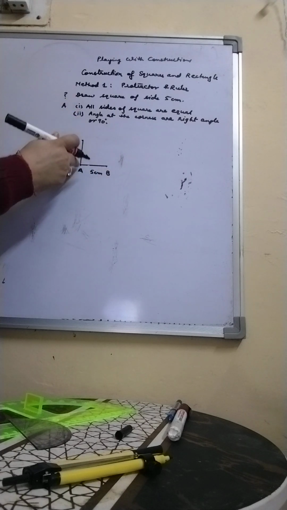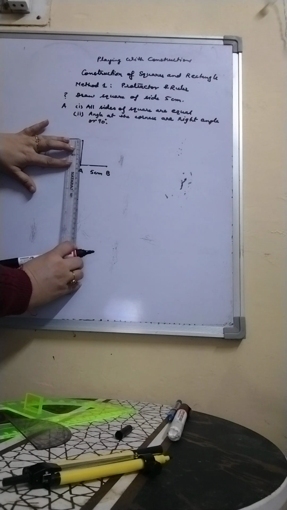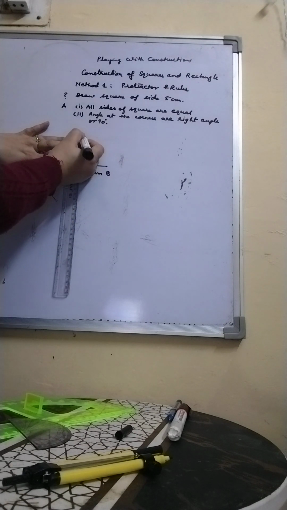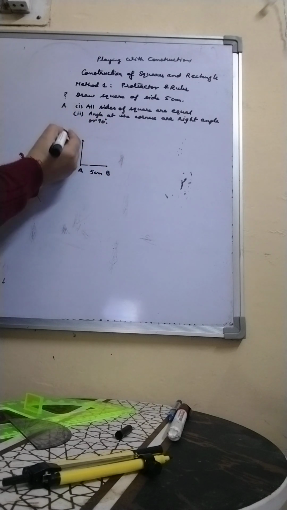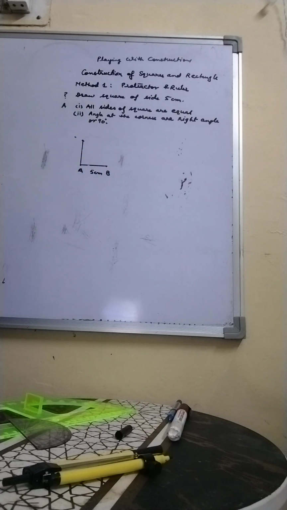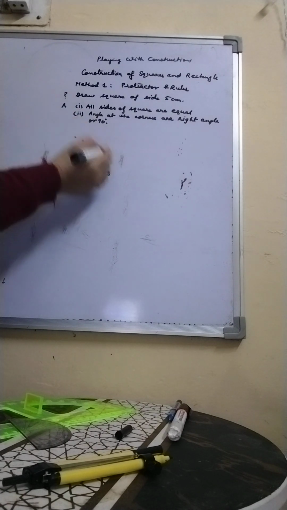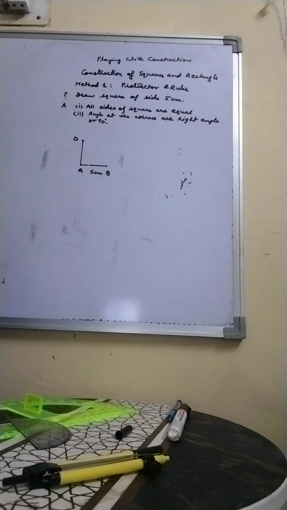So this side of the square should also be 5 centimeter. So I will make the dot at 5 centimeter. So this is 5 centimeter. So I get the third vertex. If I go anti-clockwise, I would mark it D. Don't do A, B, C, D like this. This won't be C, this would be D.